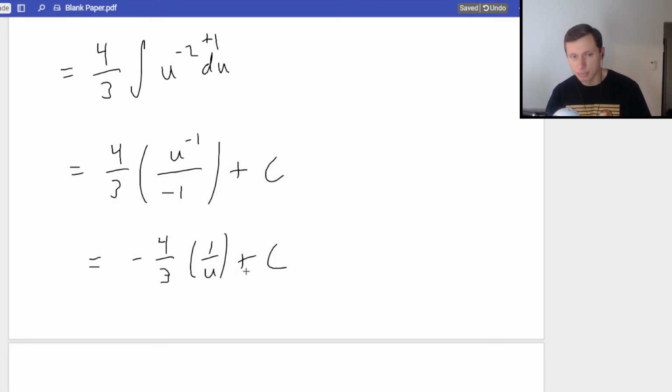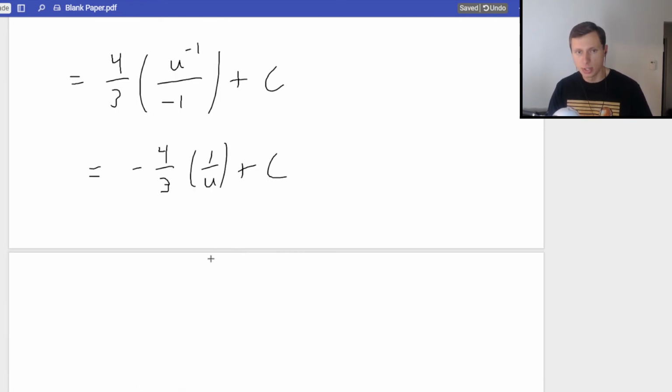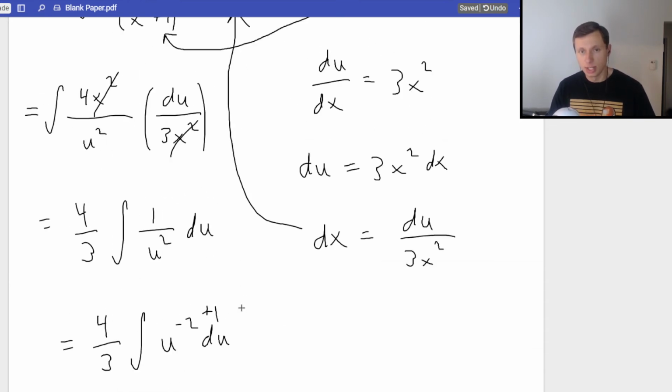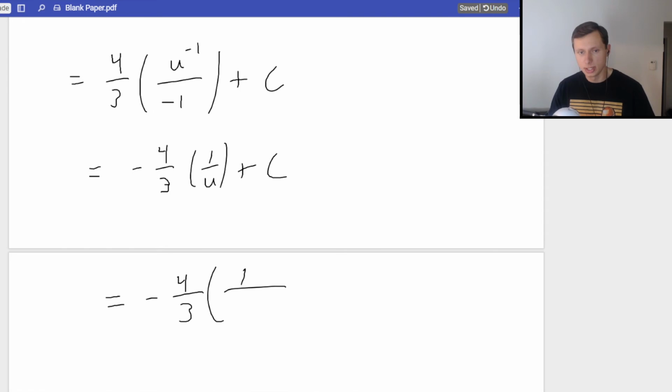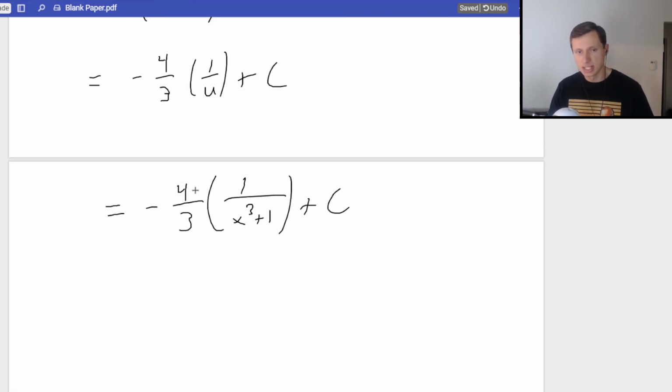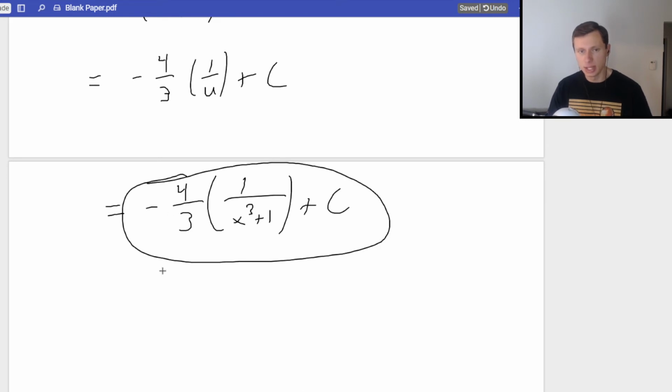And the last step, of course, is to say, what is u? u is going to equal x cubed plus 1, so there we go. We get a final answer of negative 4/3 times 1 over x cubed plus 1 plus c. And there we go.